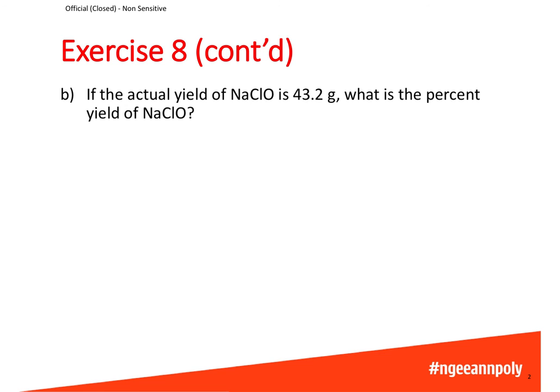Now in part B, you are given that the actual yield of NaClO is 43.2 grams, and you are asked to calculate the percent yield of NaClO. So first of all, let's write the equation for percent yield.